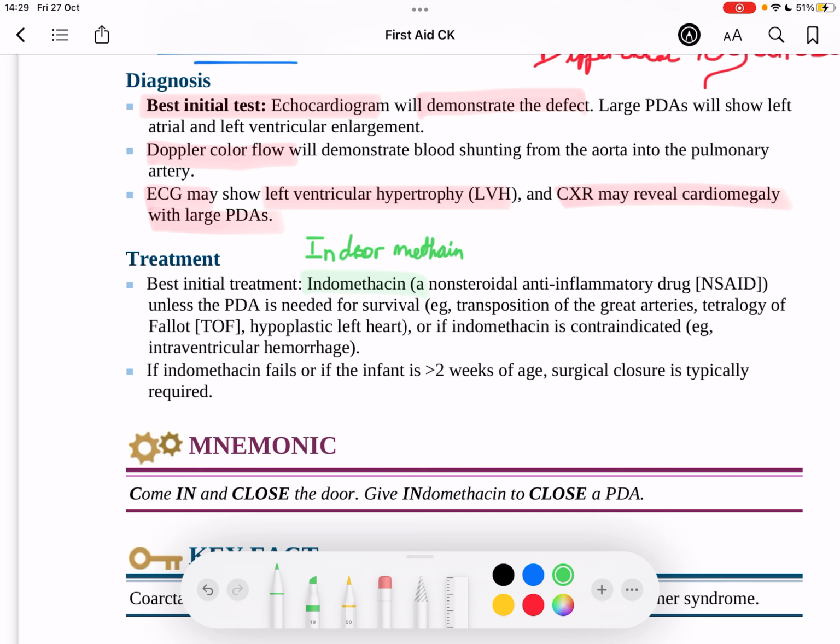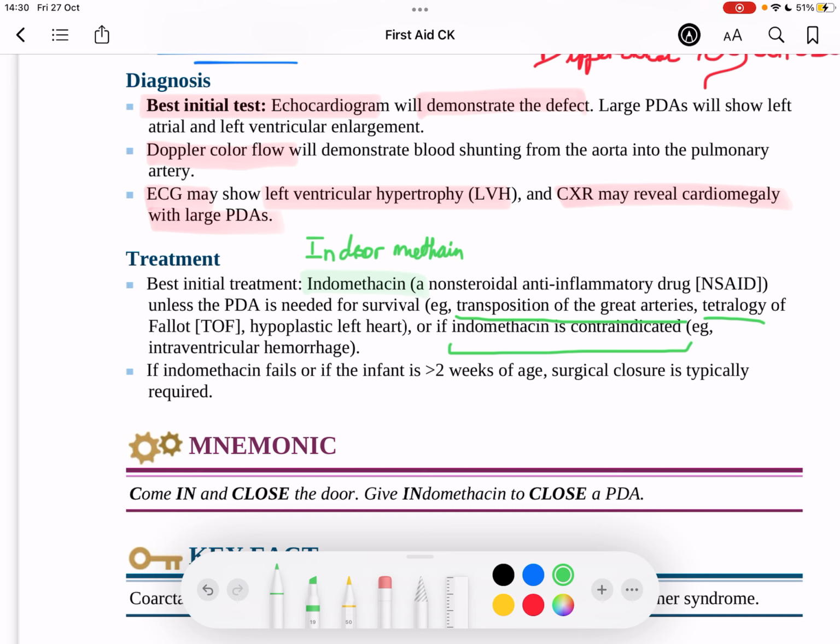However, if the patient has a concomitant cyanotic heart disease, i.e. transposition of the great arteries, Tetralogy of Fallot, hypoplastic left heart syndrome, etc., we don't give indomethacin because we rely on the PDA as a shunt, shunting some of that oxygenated blood back into the, it's essentially to reverse the shunt, okay?